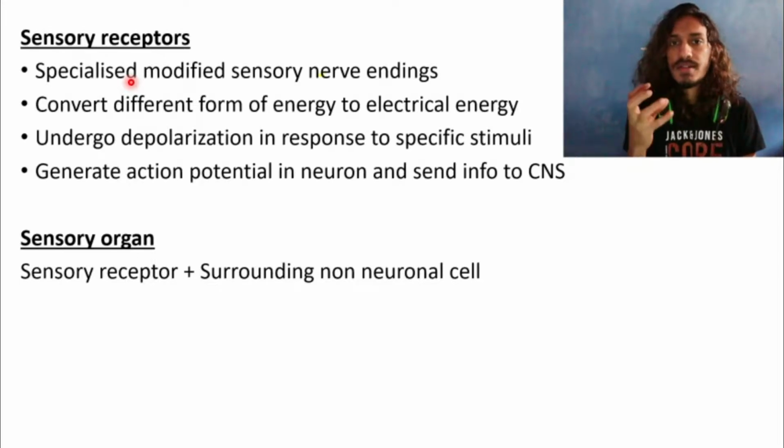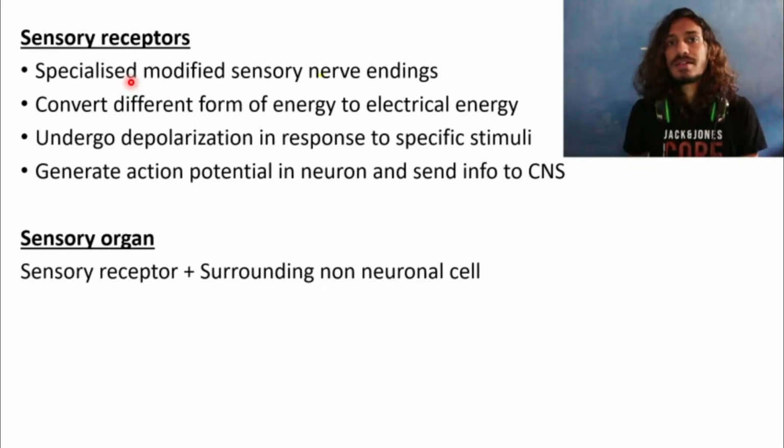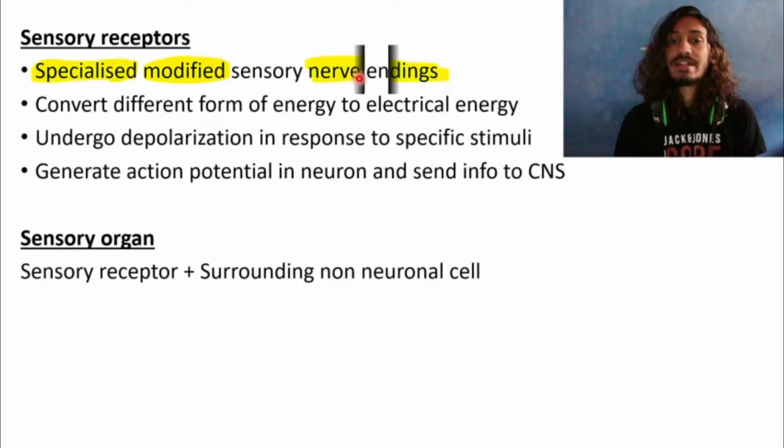The nerve ending of this dendrite-like process gets modified in the periphery. That's what a sensory receptor is: a specialized and modified nerve ending.